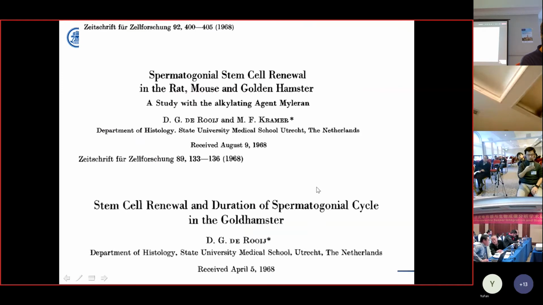The spermatogonial stem cells were identified by Professor Rogi in 1968. They found spermatogonial cells in rats, mice, and golden hamsters.